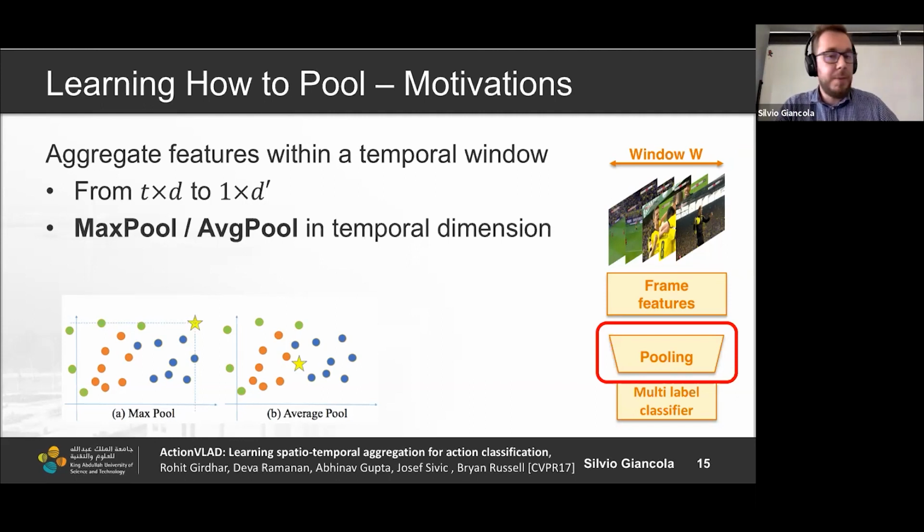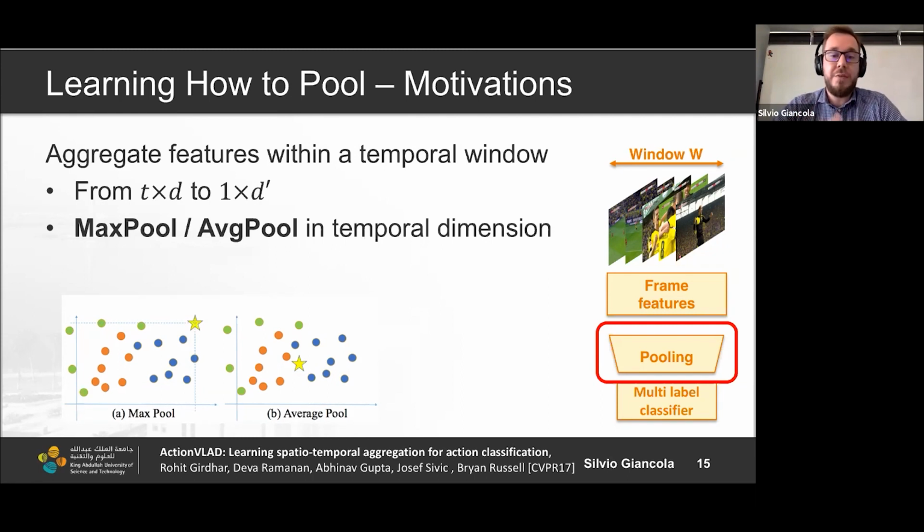By pooling in time, you basically want to go from T frames or T features of dimension D to a single feature of dimension D prime. D prime can sometimes be the same dimension as D, but sometimes not, and I will explain that further. The most common approaches, the non-learning approaches, will be max pool or average pool in the temporal dimension, right?